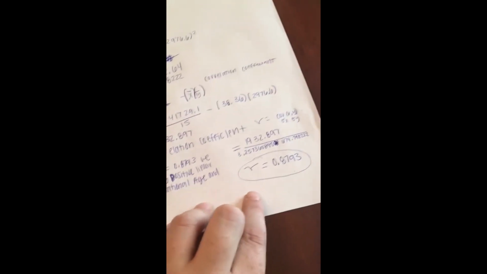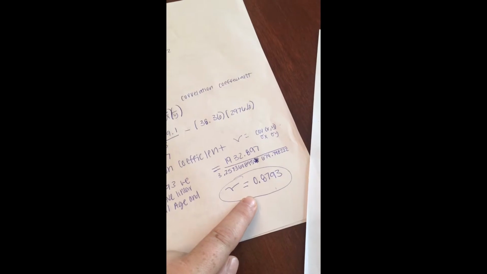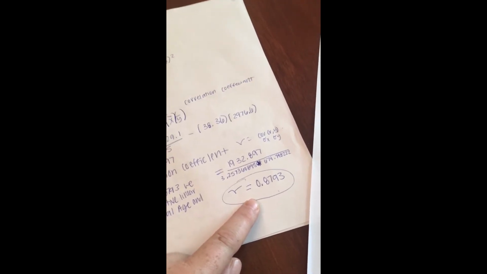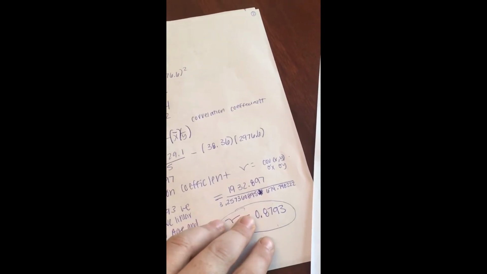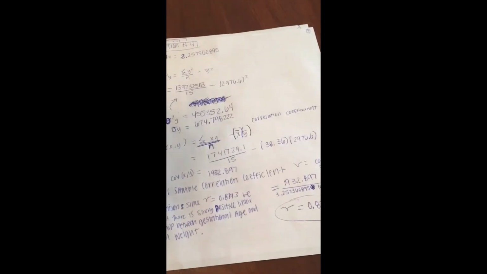So you plug all that into the equation, and we get 0.8793, and that is our R value.